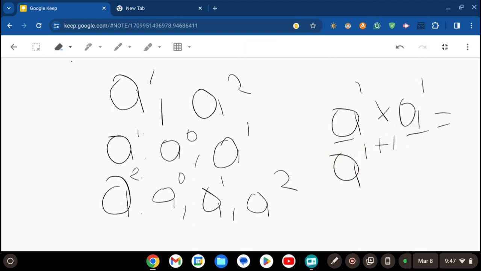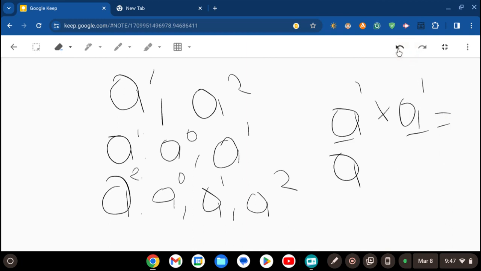So it becomes a to the power of 1 plus 1, which gives a to the power of 2. Whenever you're multiplying, you add the powers; if you're dividing, you subtract. And a squared is a factor because every number or letter is a factor of itself.